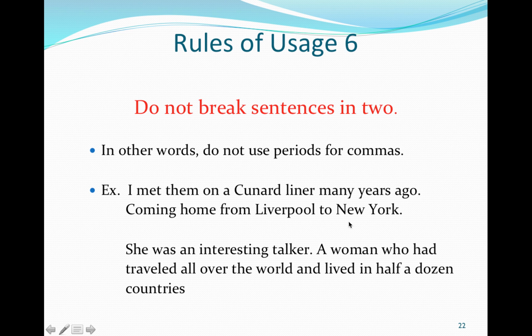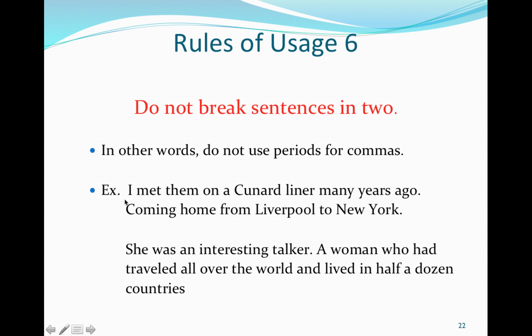Coming home from Liverpool to New York. What's wrong with that? Can you figure it out? One of these is considered a dependent clause and cannot stand alone, but it is written as though it is standing alone as a complete sentence, but it is not a complete sentence.